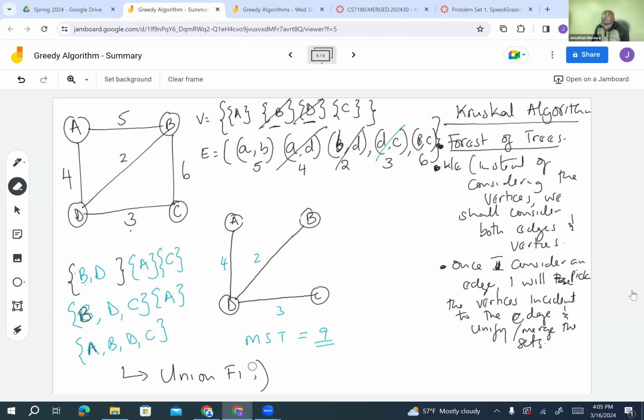Essentially, the idea is that we are finding the sets and then unifying them in order to create the sets as we go on. And then we'll be able to know if we are going to encounter a cycle, if when we try to join two things, we find them to be in the same set. So we're using union-find to do our work here.